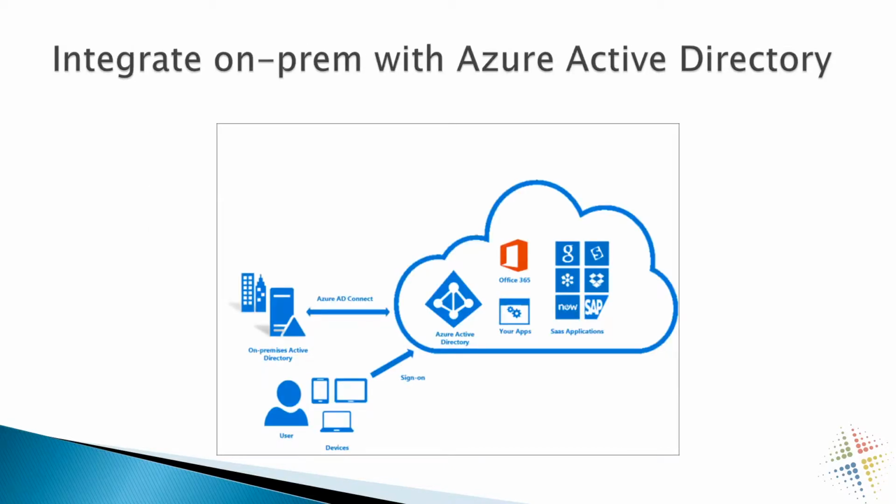All right, integrating on premises with Active Directory. This is where the rubber meets the road. We have an existing Azure Active Directory. We have an existing Windows Active Directory domain. We want to now benefit from having the Azure Active Directory features, and so we want to use a tool called Azure AD Connect.